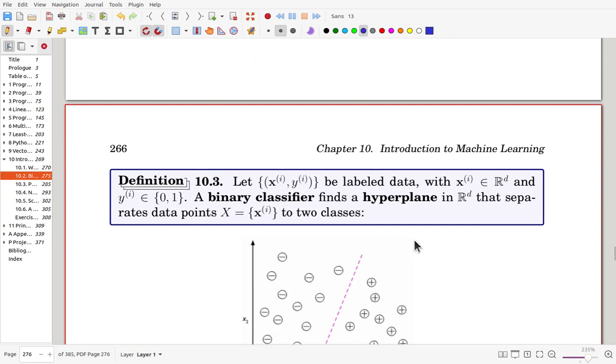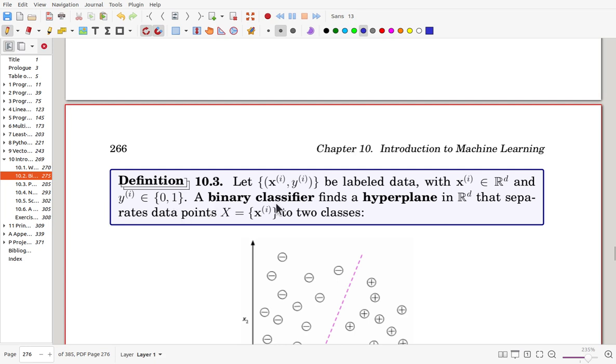Here we have the definition of a binary classifier. Xi, Yi are a labeled data set, with X in R^d, so it is d-dimensional, and Y is either 0 or 1.